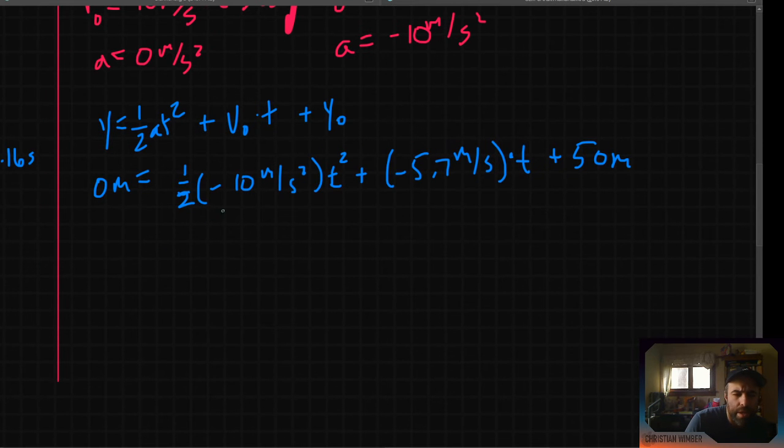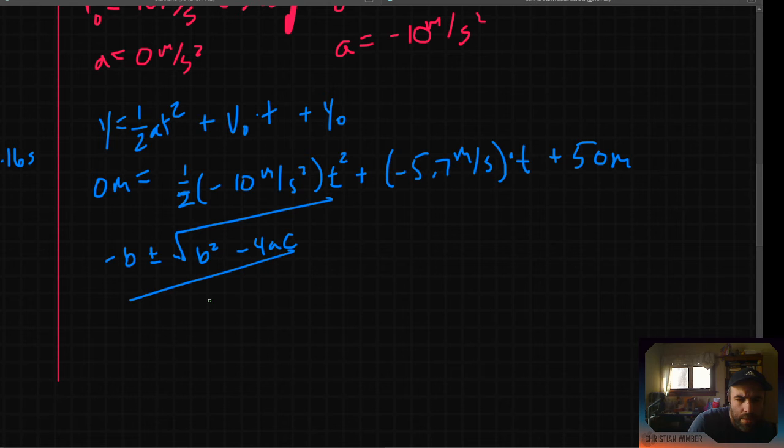All right, so if we're going to do the quadratic, we know that it's negative b plus or minus the square root of b squared minus 4ac all over 2a. So that is 5.7 meters per second plus or minus the square root of, sorry, I'll slow it down.